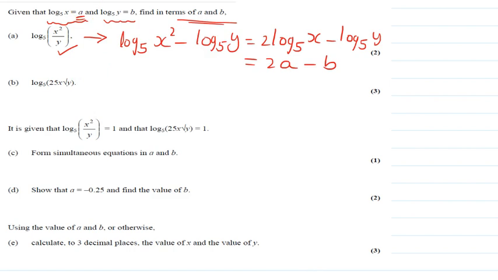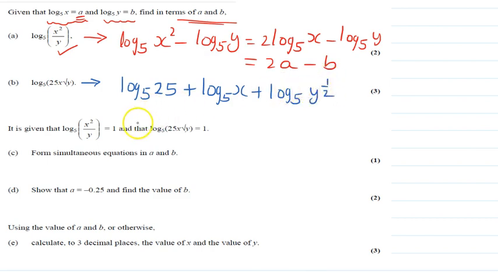For the second part, what we can do here, this you can write down log base 25 of x times square root y. Square root y means y to the power half.